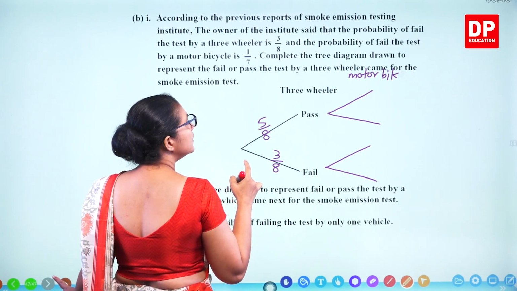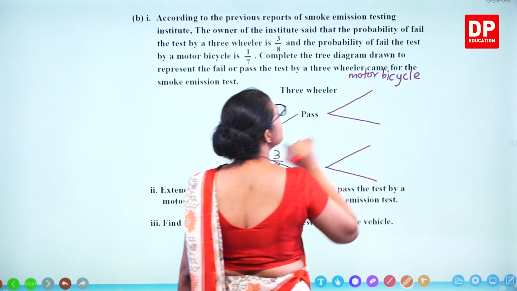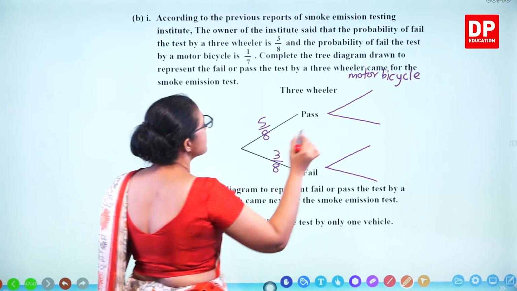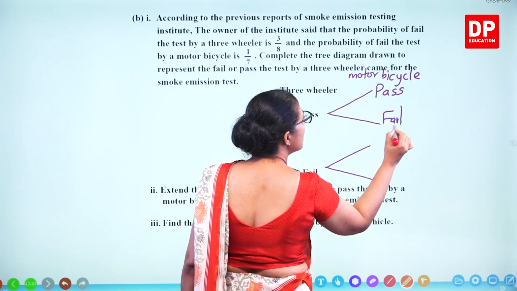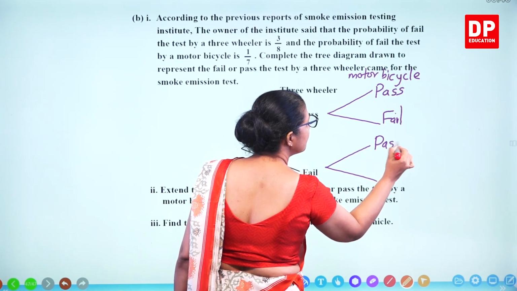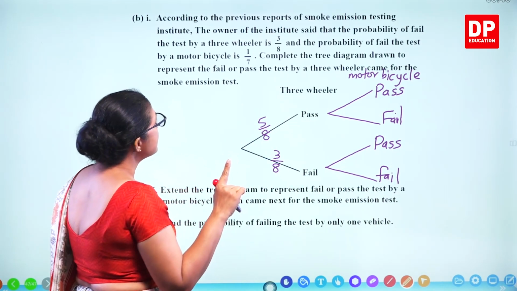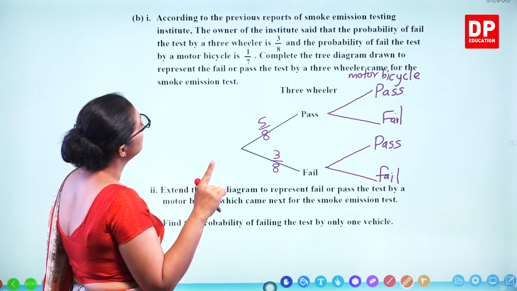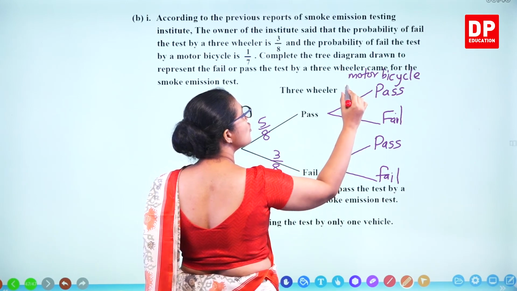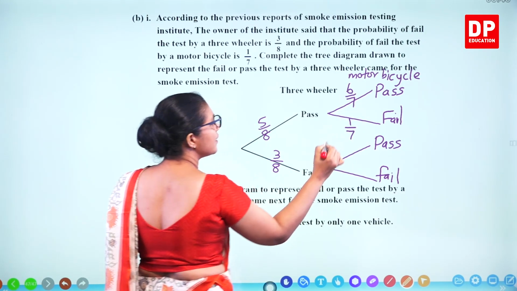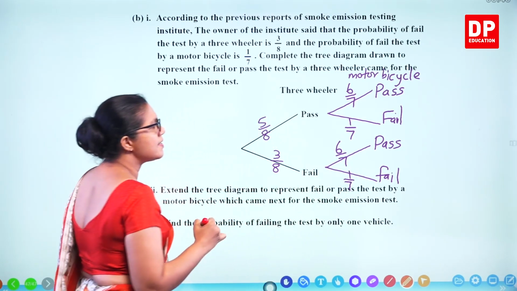Motorbicycle. Pass or fail again. Pass, fail. Pass, fail. So 1/7 is the failing probability. If this is 1/7, this should be 6/7. 1/7 is failing, 6/7 is passing.